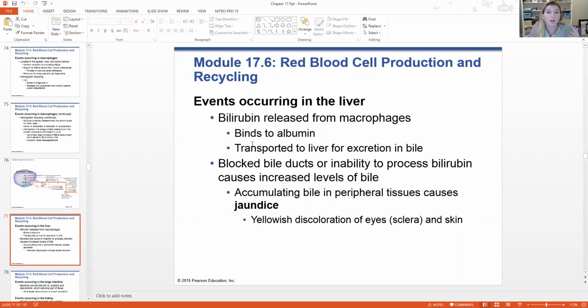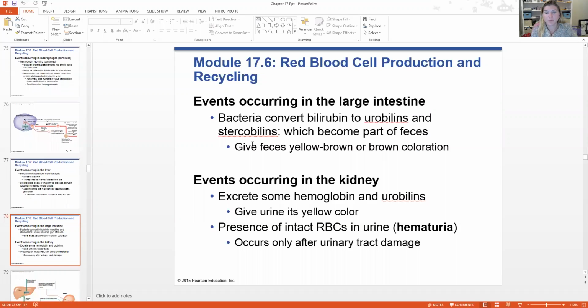This can accumulate in our peripheral tissues, right? This causes that yellowish appearance that we call jaundice, the yellowish discoloration of our eyes and of our skin. Can be created if our liver is not functioning properly. Very common in people that abuse alcohol because alcohol damages the liver.